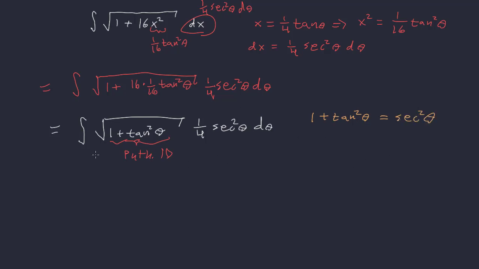So this just becomes the square root of secant squared theta, and here we'll get 1/4 secant squared theta d theta.